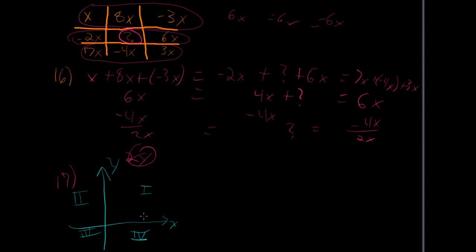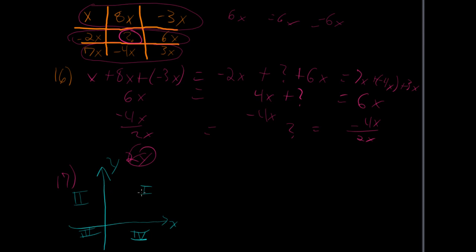These are just Roman numerals, 1, 2, 3, 4. And it says if the x and the y coordinate of point A are to have opposite signs, then point A must be located in. So which quadrant is point A to be located in if its x value has to have the opposite sign of its y value?